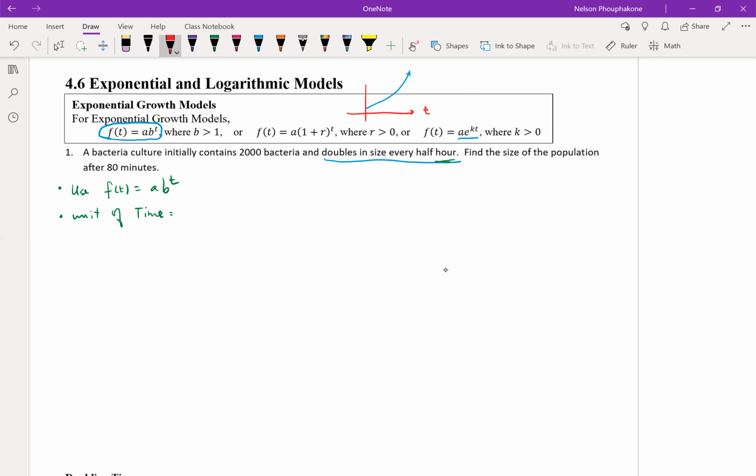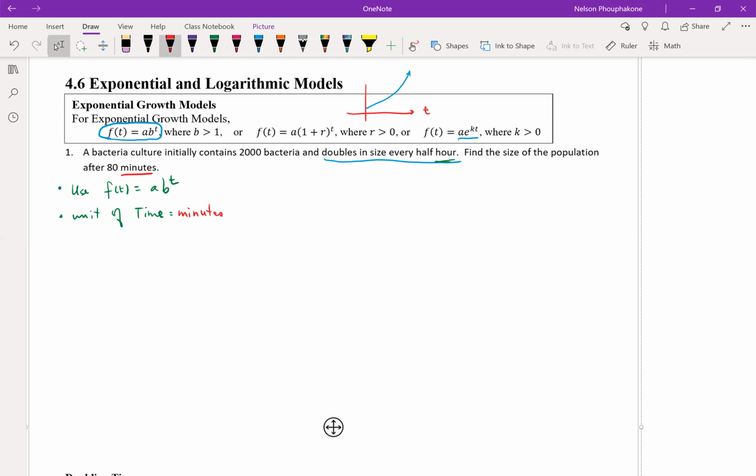So when the unit of time is between hours and minutes, I always choose minutes, because a lot of students find it easy to convert hours to minutes, but may have a hard time changing minutes to hours. Anyway, for this problem, I'm going to work with minutes.